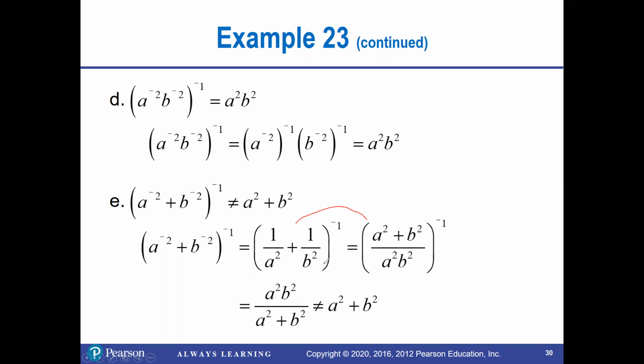Common denominator is a squared b squared, which means this one up here needs a b squared, sorry. This one needs to be a squared. That's where the a squared and b squared come from. And then you have to flip top and bottom because of the -1 exponent. And that's why you get to where that's at. Now, they're telling you this is not equal to that. So anyway, that's how you get from one of those steps to the next.